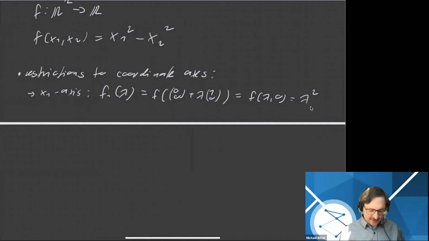And just as a side note, if I were to restrict that to a parallel line to the x1 axis, I could also do something like some fixed point (x1 star, x2 star) and then adding lambda times (1, 0).